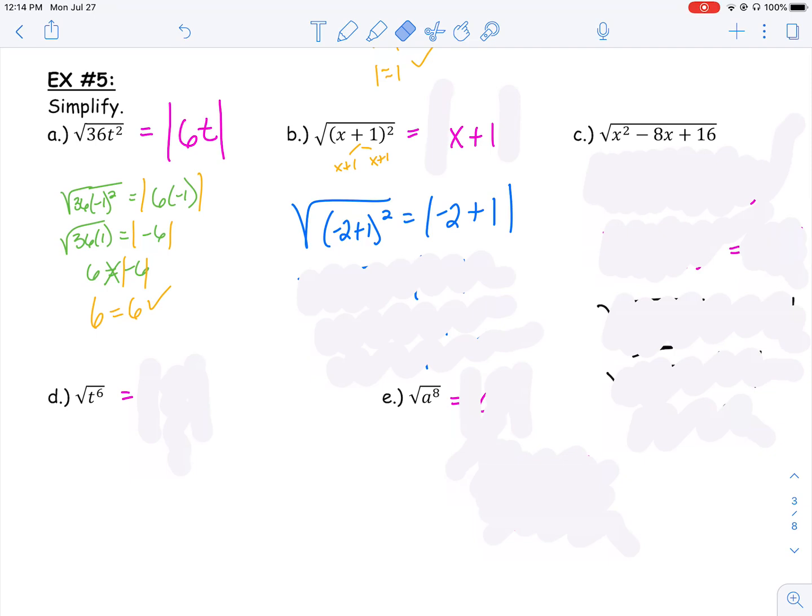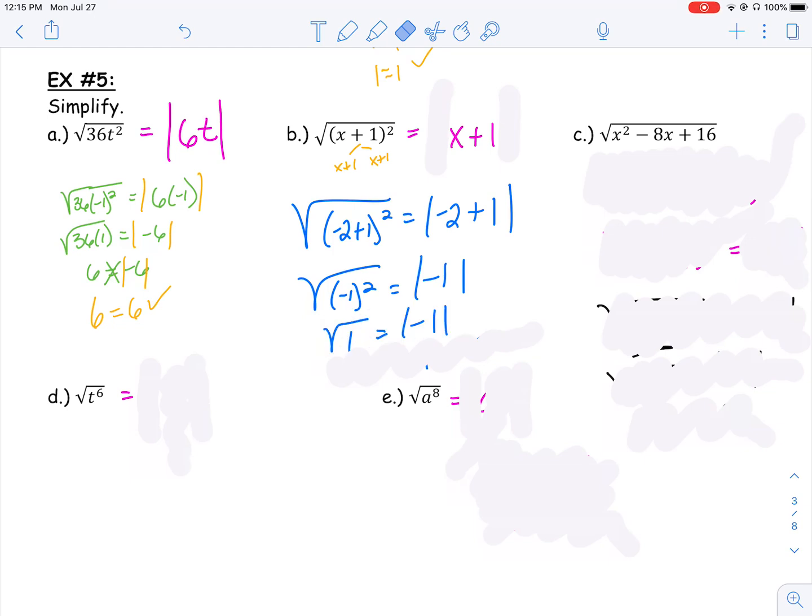So let's see. If I chose -1, you notice that I would get 0, and then it's kind of hard to tell because 0 is neither positive nor negative. So I chose the next easiest number here, and I chose -2. I substituted a -2 into both sides, and you can even put absolute values on there if you want to see if it would work or not. When I substituted in a -2 plus 1 is -1. -1 squared is +1 on the left side.